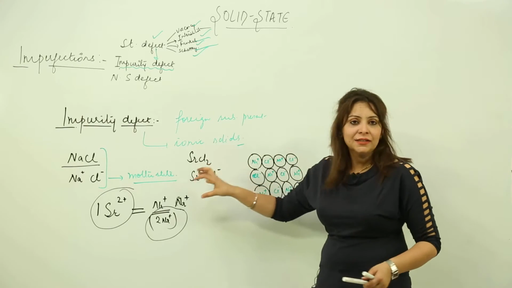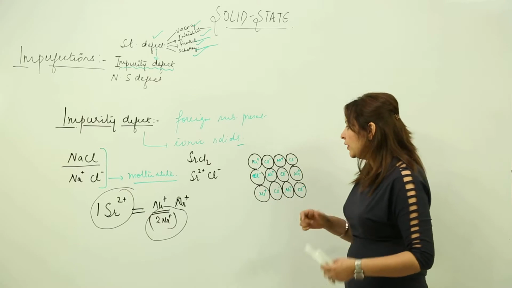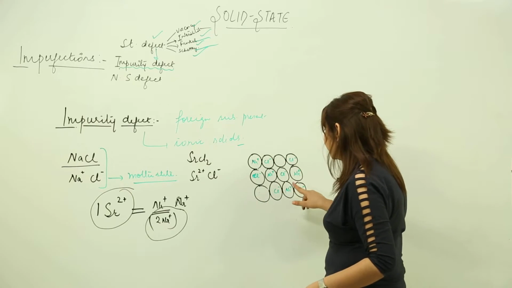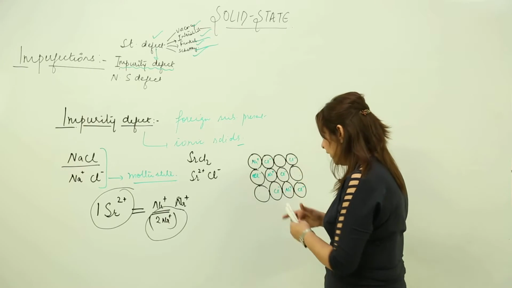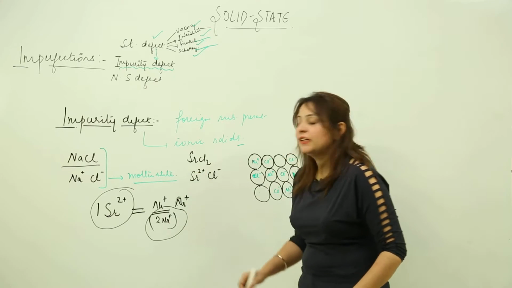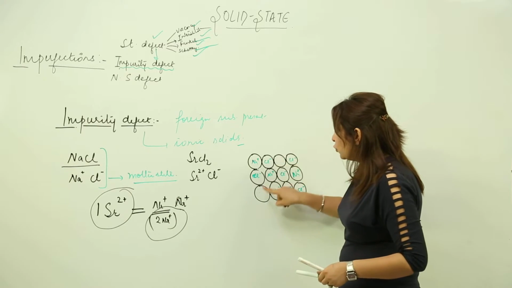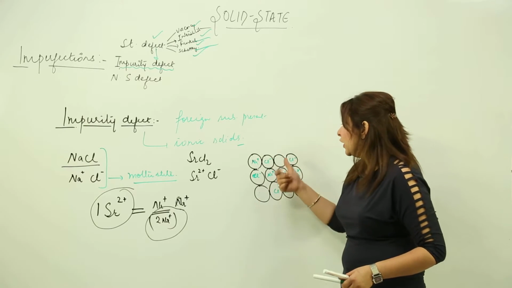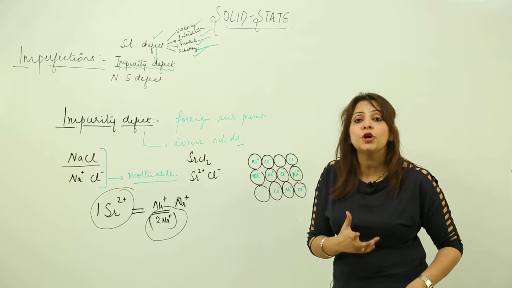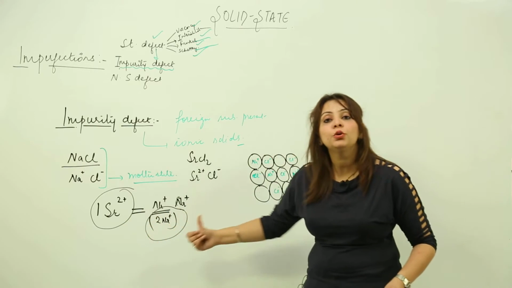Now when we add this Sr2 positive and Cl negative, or strontium chloride, what is going to happen? At certain places Na gets displaced. Suppose I am adding 1 Sr, so that means 2 Na will be displaced. So there are 2 vacant spaces, right. But 2 Na positive ions can equalize the charge of strontium, and there will be only 1 strontium, as I told you that 1 strontium is equal to 2 Na positive.